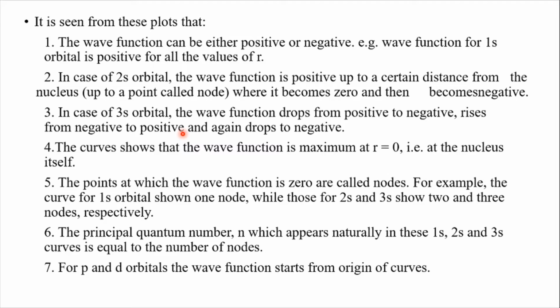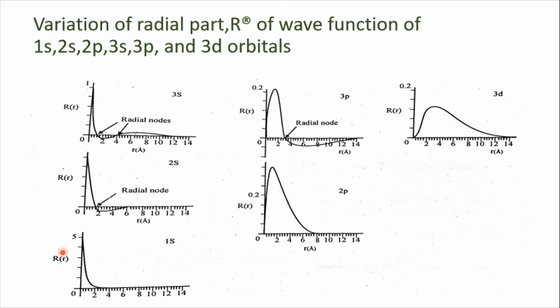From this plot, what information do we get? The wave function can be either positive or negative. For example, the wave function for the 1s orbital is positive for all values of r. See, it is not going into the negative part; it is always positive.